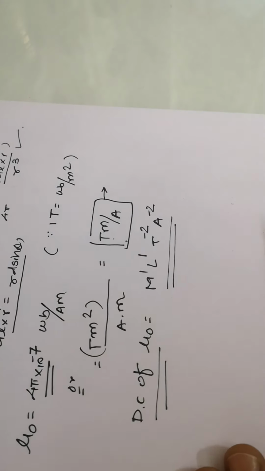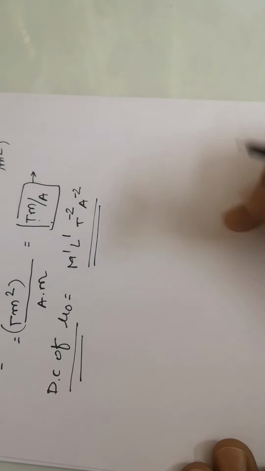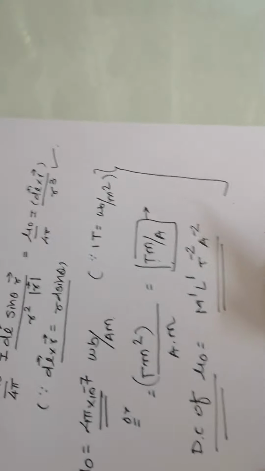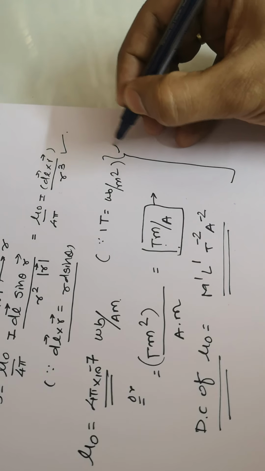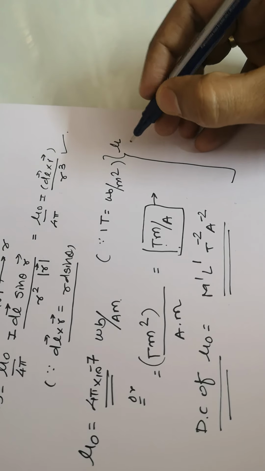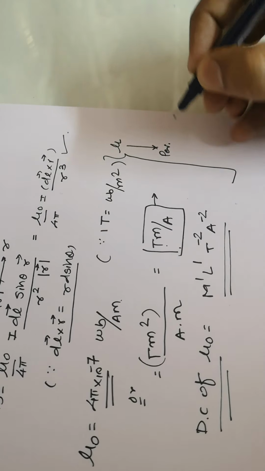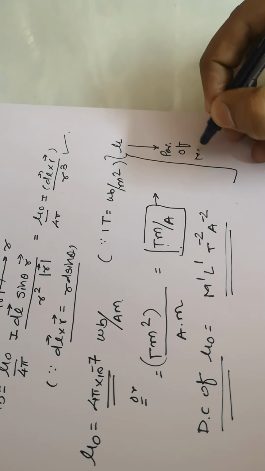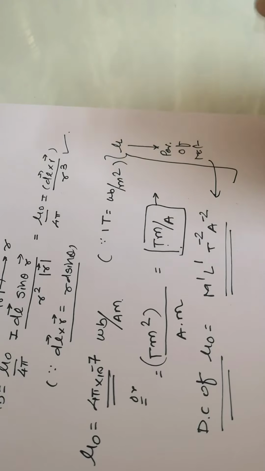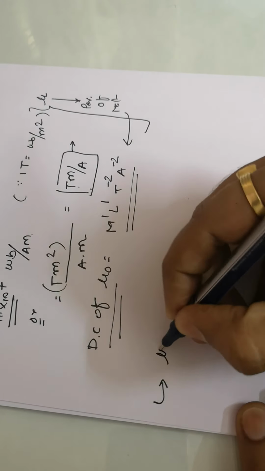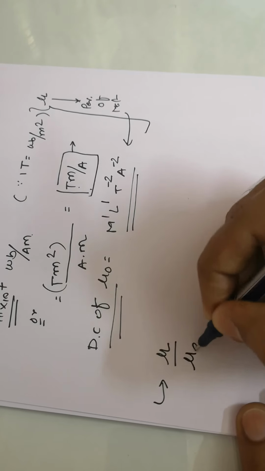So this is the dimensional configuration of mu 0. Now you are asking what is also the unit of mu, because we have also said what about mu. The unit of mu, called the permeability of a material, also holds the same unit like this one.